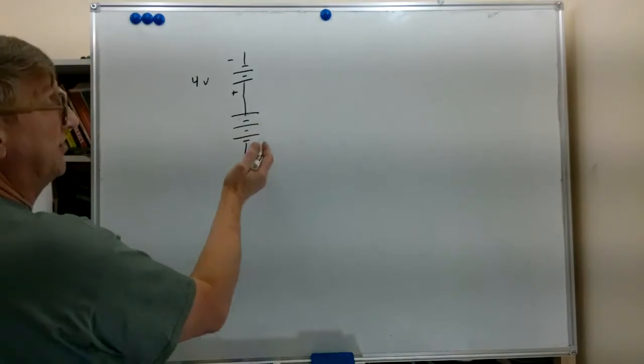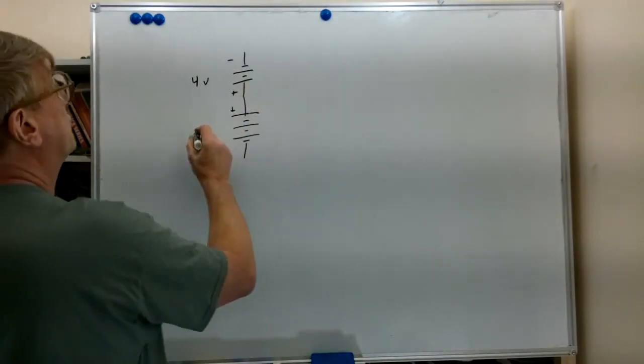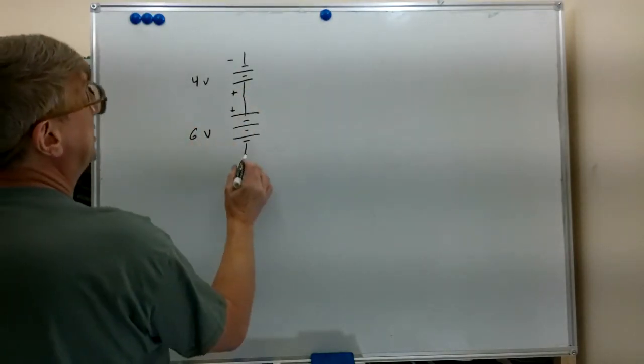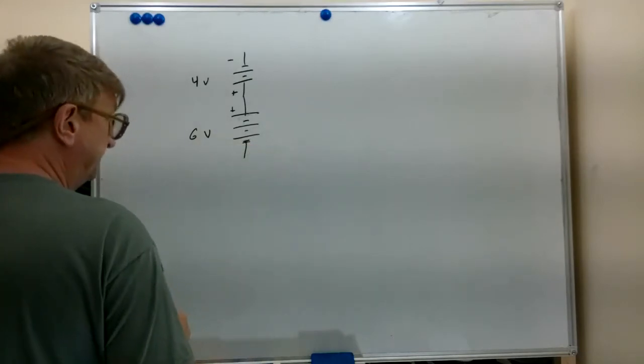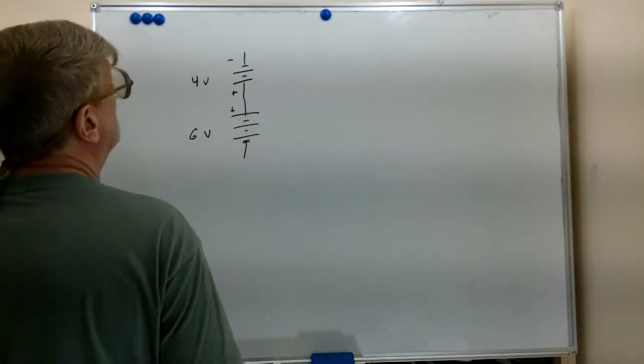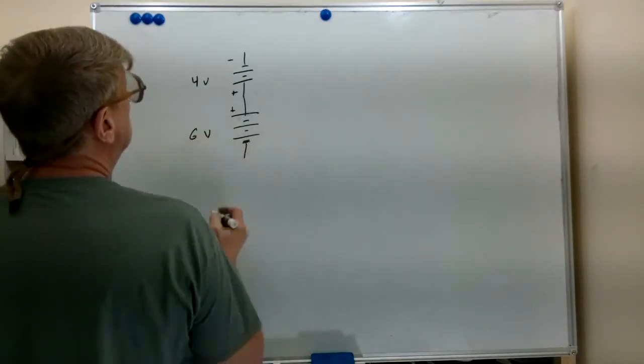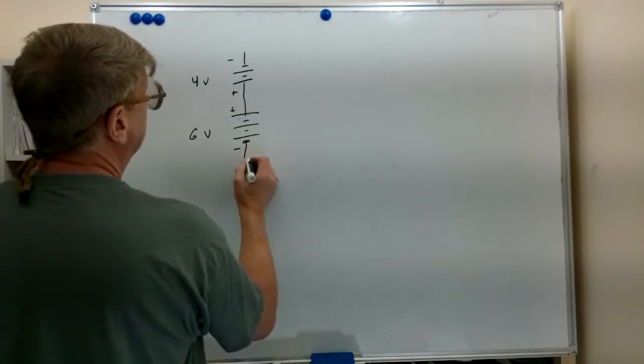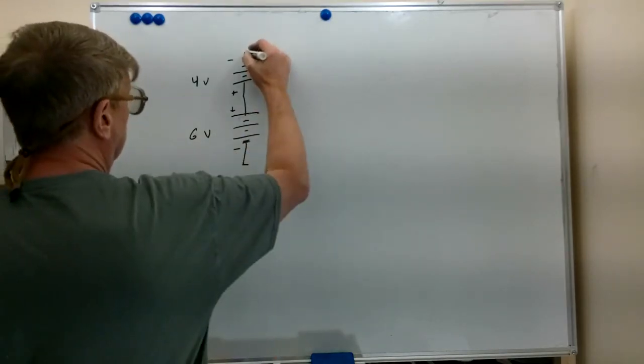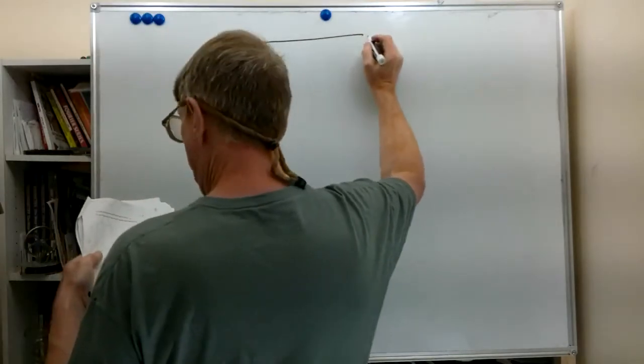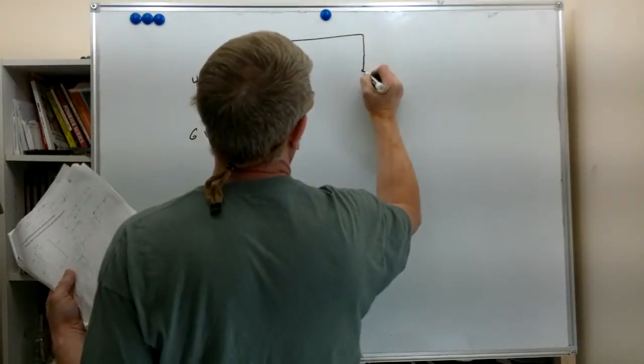But you notice in this case, the polarity of the 6-volt supply is opposite of the polarity of the 4-volt supply. We'll put the same 2 ohm resistor in here.